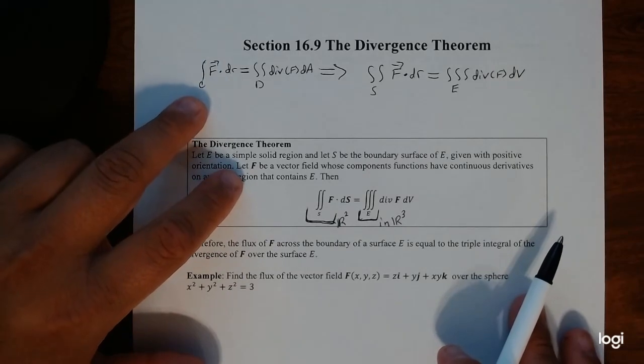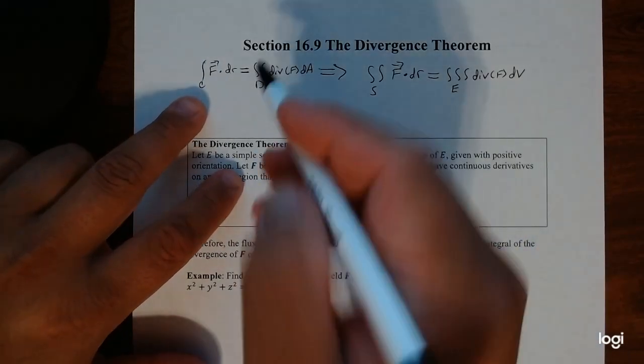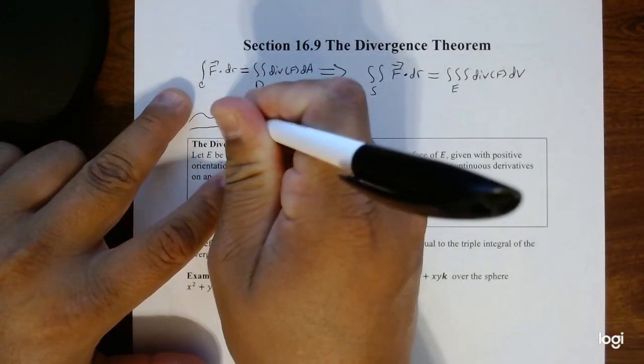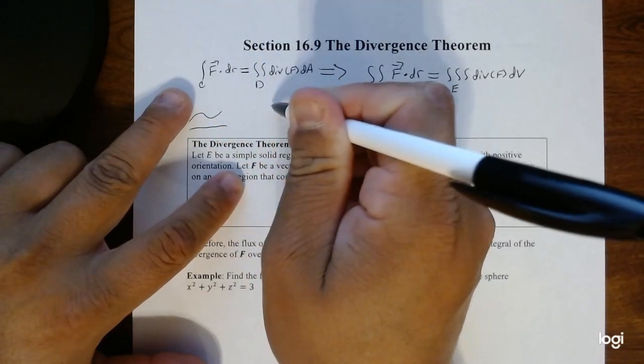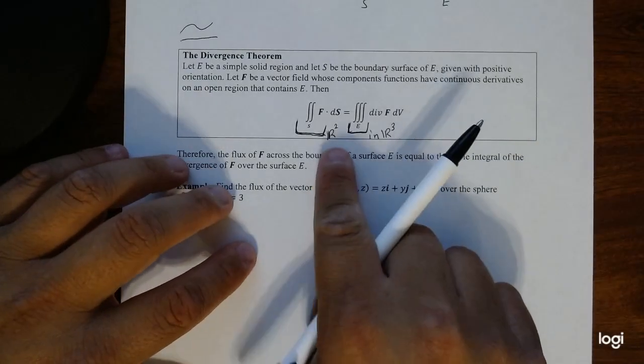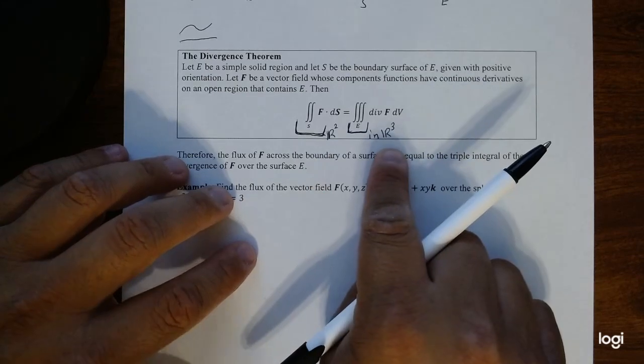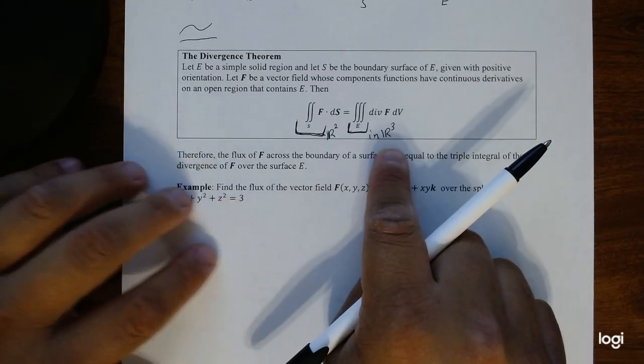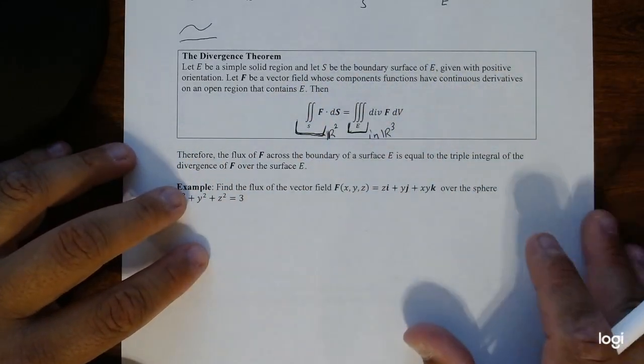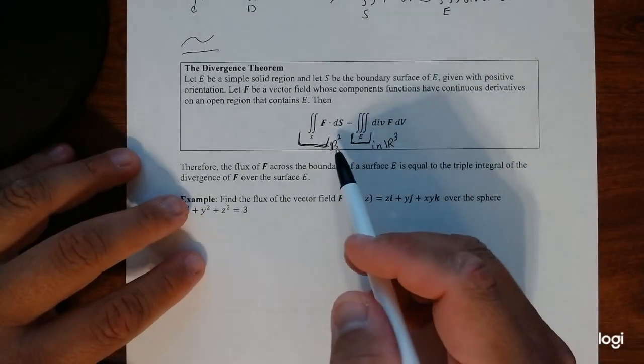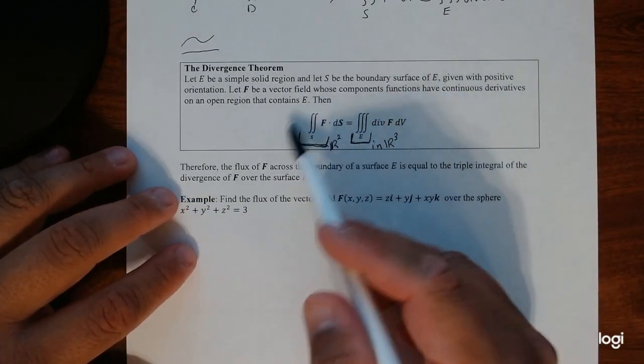Remember, in this portion here we go from just a line, a straight line or curved line, into a 2-dimensional plane. Same thing applies here: we're getting something in 2 dimensions and converting it into 3 dimensions. That's our way when it comes to the divergence theorem. So it's another way to make surface integrals easier to simplify and to actually solve.